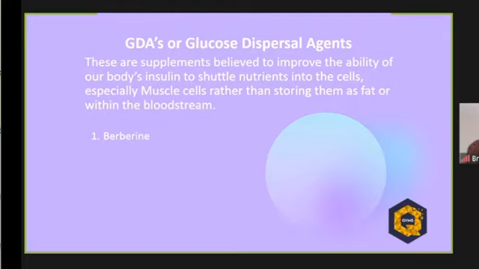it was discovered that treating patients with digestive issues with berberine improved blood sugar. And scientists learned that berberine does the same thing as metformin, which is activate AMPK, and I think it's adenosine monophosphate protein kinase.